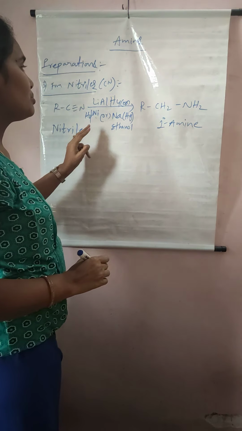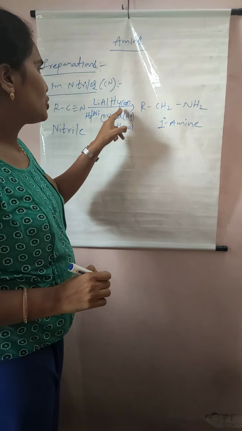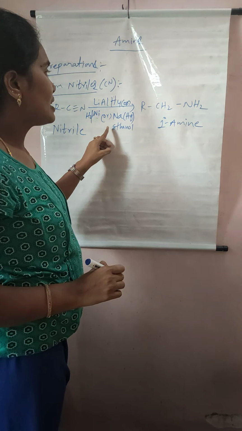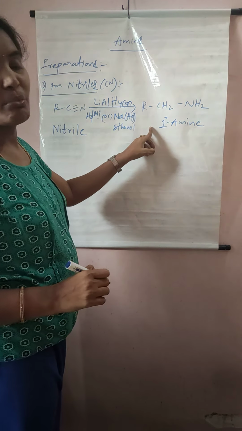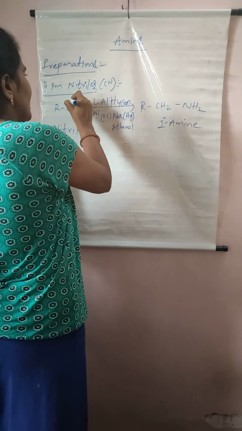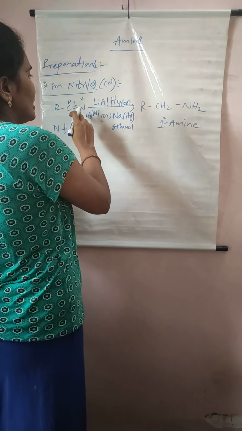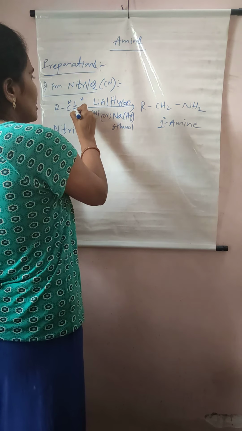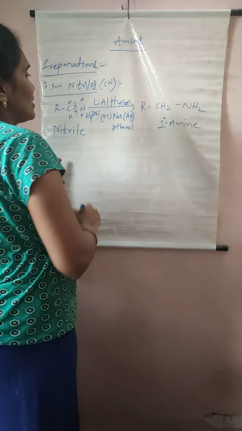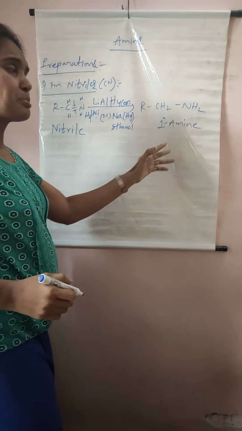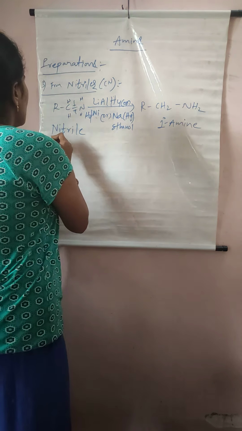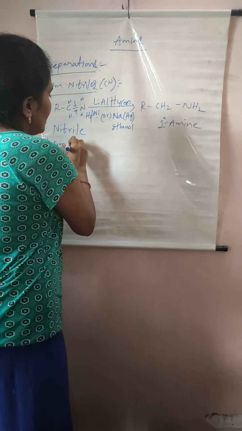From the nitrile group we use LiAlH4, lithium aluminum hydride, or catalytic reduction with H2 and Ni, or sodium amalgam and ethanol. We get primary amine. How? If you break the first bond, one H goes to the carbon side and one H to the nitrogen side, and breaking one more bond, one H on each side, you get RCH2NH2. This is primary amine. Next, the fourth preparation, from amide.